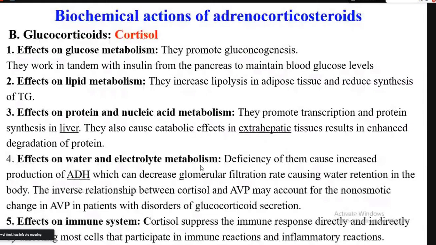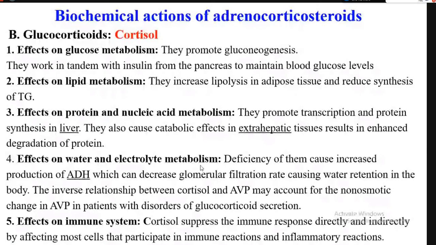In lipid metabolism, these glucocorticoid hormones increase lipolysis in adipose tissue and reduce synthesis of triglyceride, opposite to that of insulin. In protein and nucleic acid metabolism, these hormones promote transcription and protein synthesis in the liver. They also cause catabolic effects in extrahepatic tissue, resulting in enhanced degradation of protein.